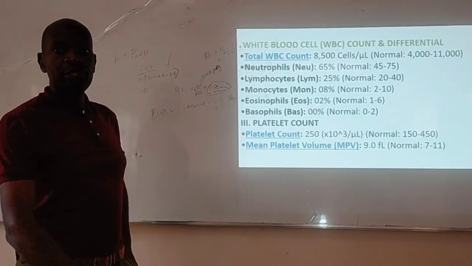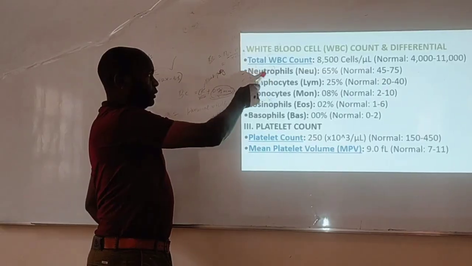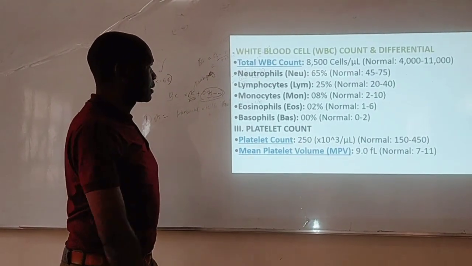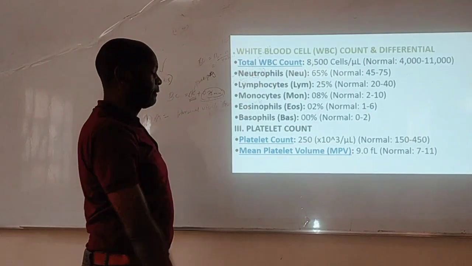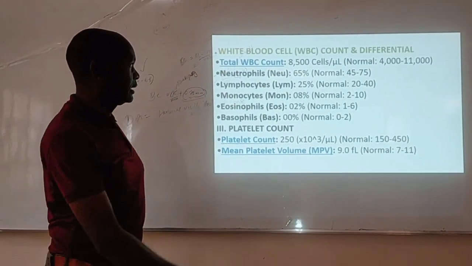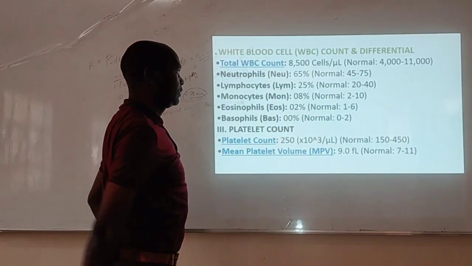So when we come to the differentials, we look at the neutrophils. This is the abundant group of white blood cells. They take about 65%, and the normal range is 45 to 75.